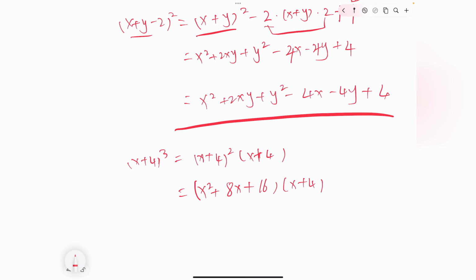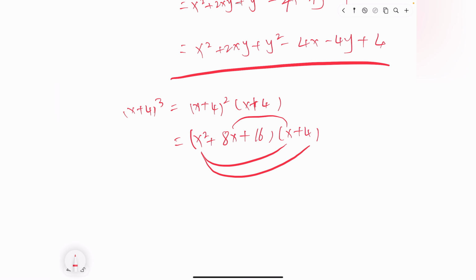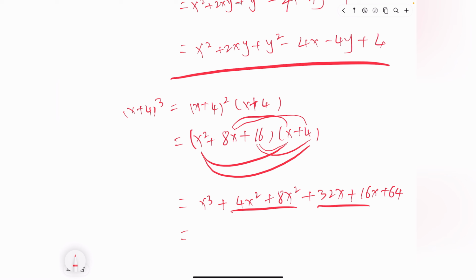Then we use x squared times x, x squared times 4, 8x times x, 8x times 4, then 16 times x, 16 times 4. So we will have x cubed plus 4x squared plus 8x squared plus 32x plus 16x plus 64. Like terms, x cubed plus 12x squared plus 48x plus 64.